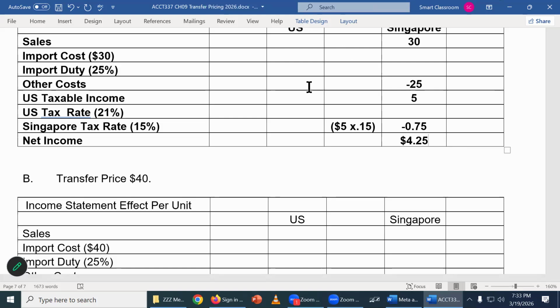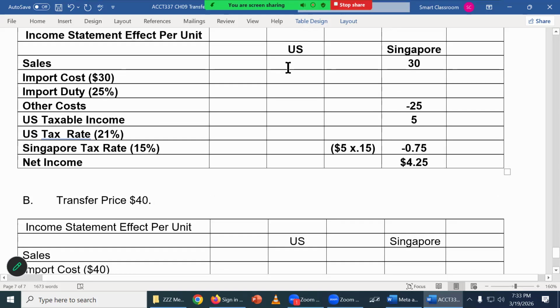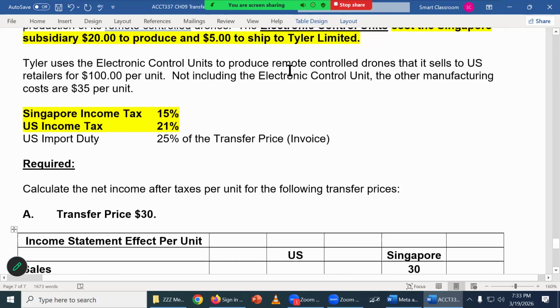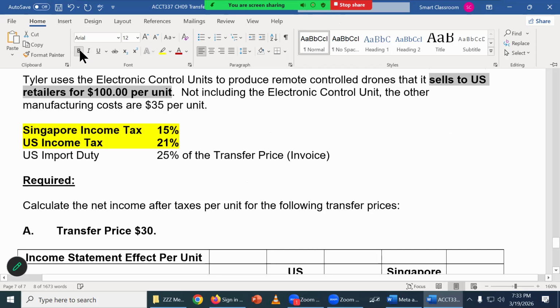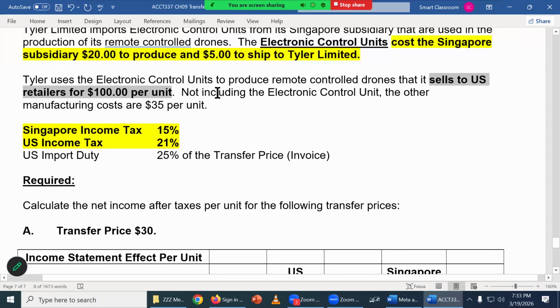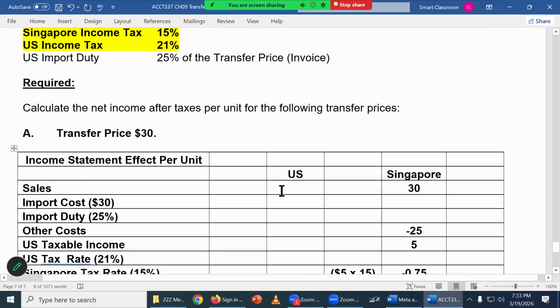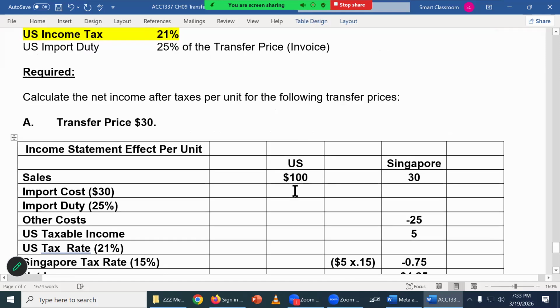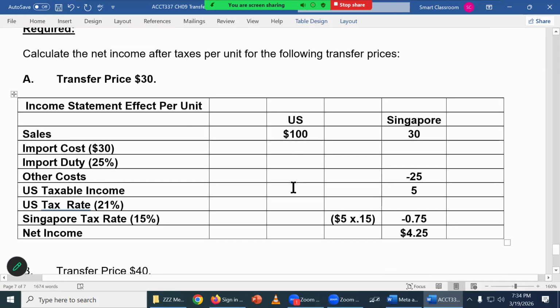All right, let's go to the US. So in the US, we have a selling price of $100. They're selling it to us for 30.